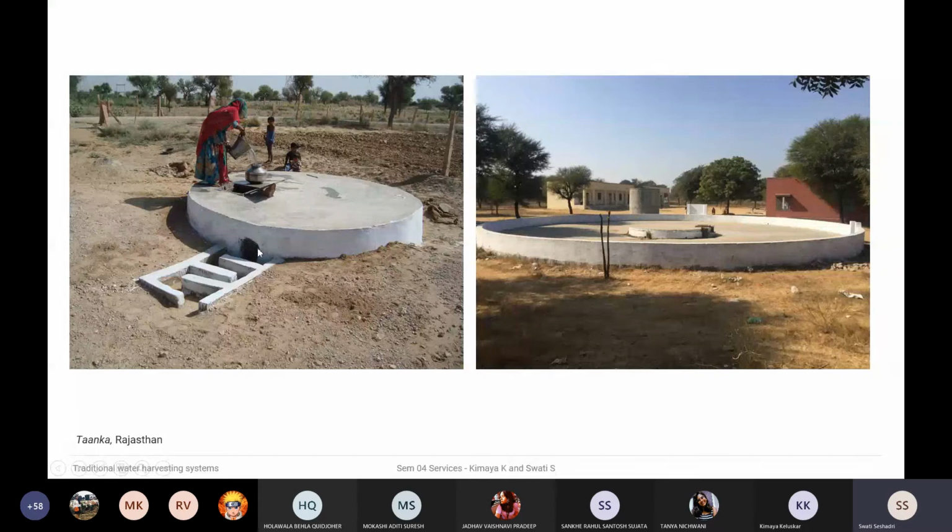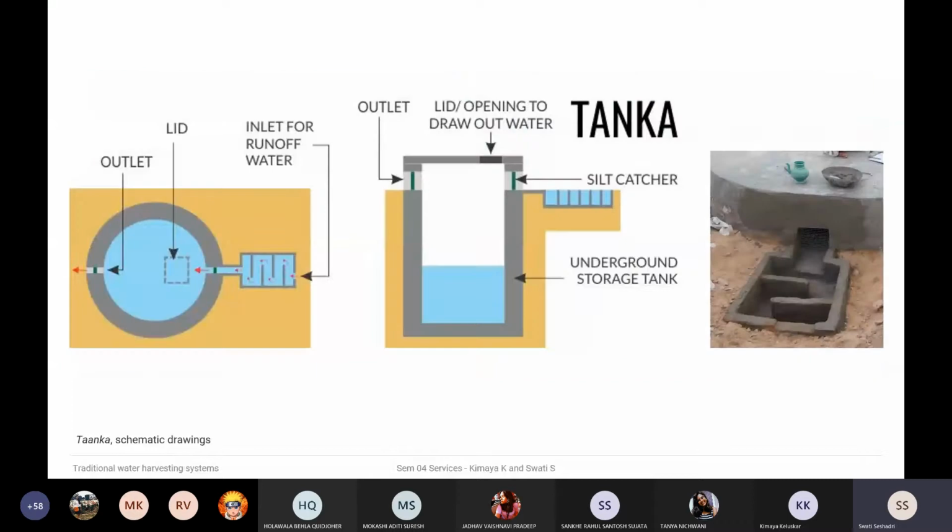If you also notice, there is a jali or a mesh at the entrance to make sure that none of the larger particles or anything that the water carries with it enters this tank. So these would be across the Rajasthan landscape, and they help in providing water to the closer settlements that are present.